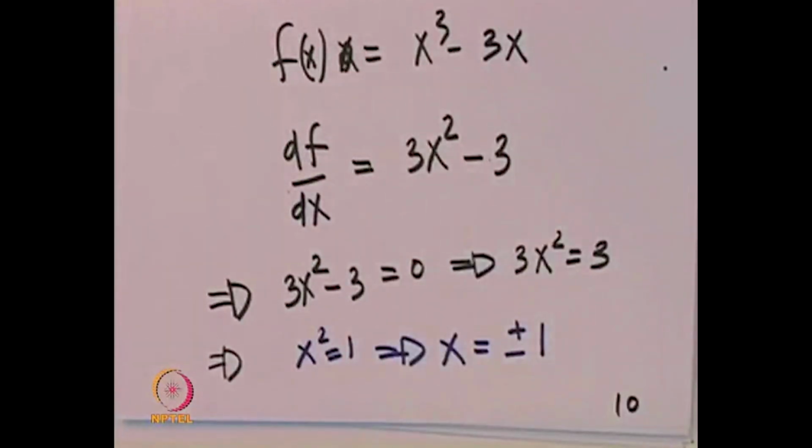So, at x equal to plus 1 or minus 1, you have extrema, either a maximum or a minimum. We do not know yet which it is, so that must be found out.